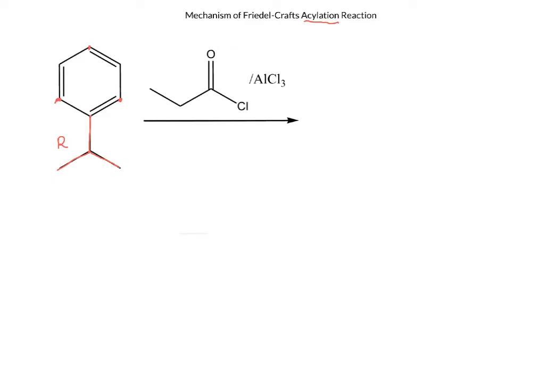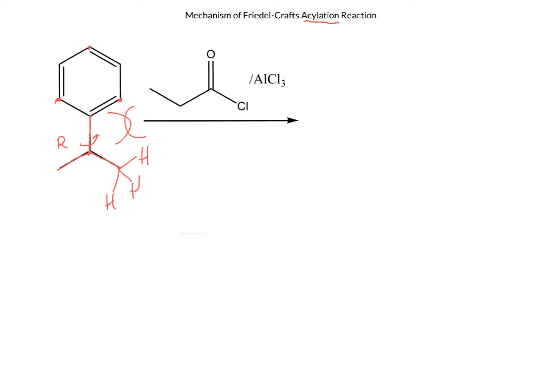However, whenever we have a branched carbon at the benzylic carbon atom, tertiary or quaternary carbon atom, as sigma bond rotates freely at room temperature, any alkyl groups that are attached to the benzylic carbon will effectively block the ortho positions from further substitution owing to the steric hindrance.